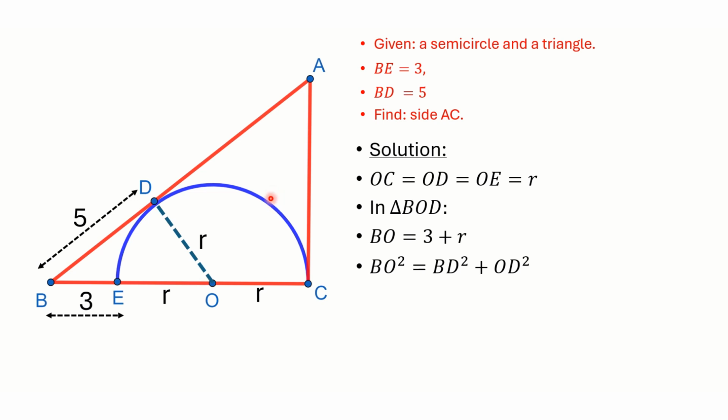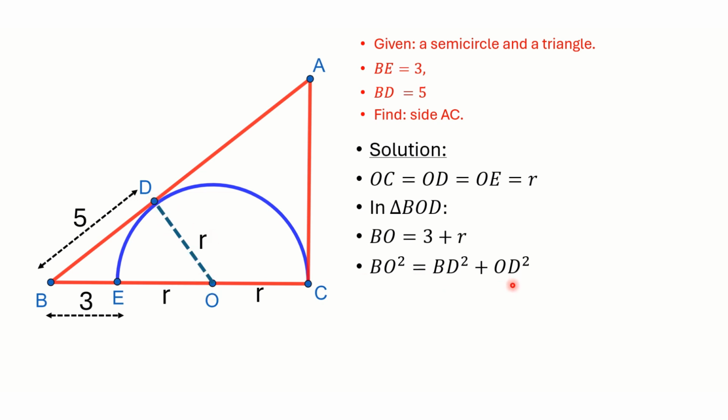So if I use Pythagoras theorem in this triangle, that is triangle BOD, this is the hypotenuse because this side is in front of the 90 degree angle. This means using Pythagoras theorem I can say BO square is equal to BD square plus OD square.